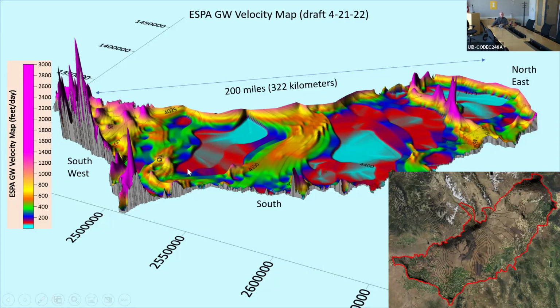Conversely, where there are flat contours, you have very low velocities, maybe 100 feet per day in these ranges. And this modeling exercise, compared to our actual field data, does come out very close to the data that we get from the field measurements versus the modeled data.